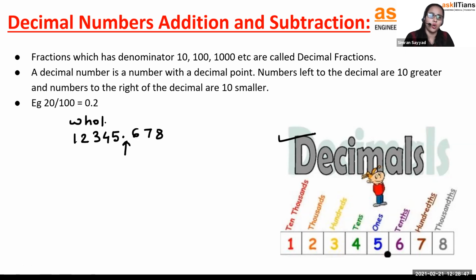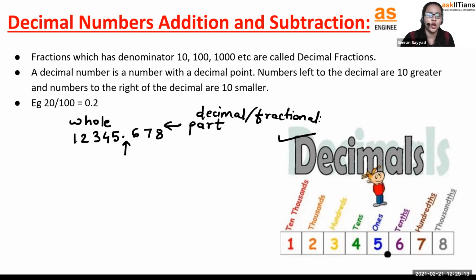This is called the whole, and this is called the part. So 1, 2, 3, 4, 5 is my number, which we consider as the whole part. And after the decimal, whatever number you get is nothing but the part. You can call it the decimal part, or you can call it the fractional part also.